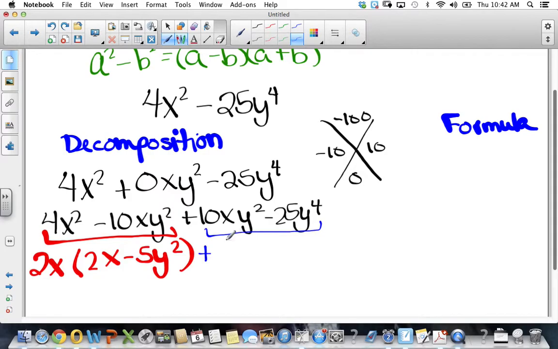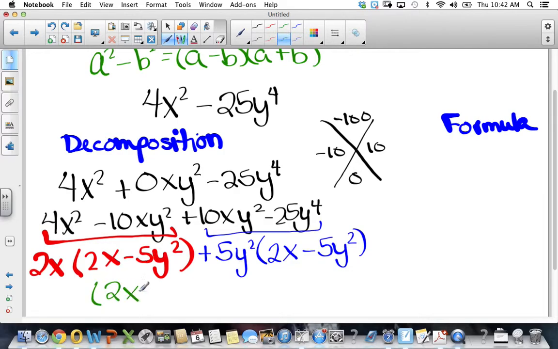The GCF is 5y squared, and I'm left with 2x minus 5y squared. So my two factors are 2x minus 5y squared and 2x plus 5y squared.